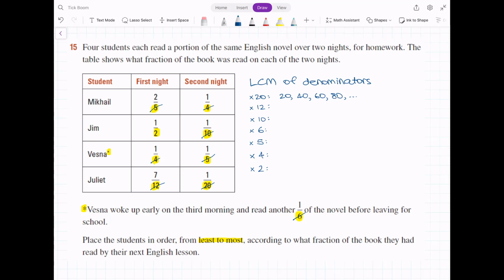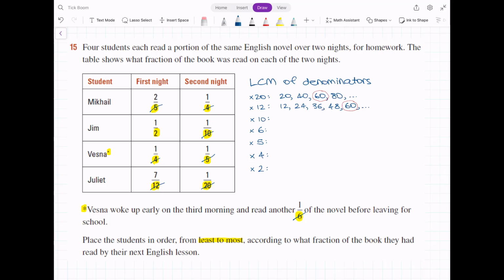For 12, the multiples of 12 are 12, 24, 36, 48, 60, and I can stop there because notice we've had our first common multiple, 60. And that being the first common multiple, it's also the lowest common multiple of the 2 biggest numbers. So for all the smaller numbers, their first common multiple must also be, hopefully, 60. If each of these numbers has 60 as a multiple, we know it must be the smallest.